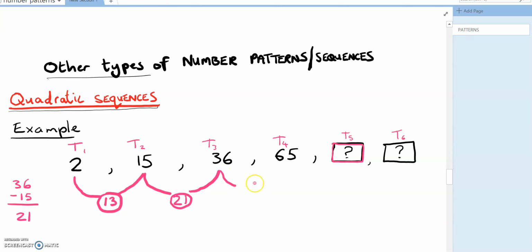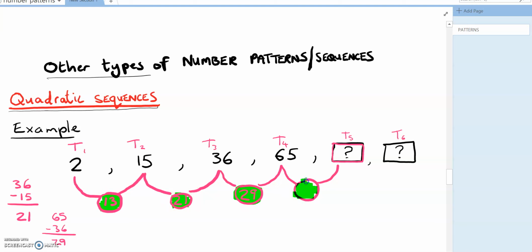The difference between 36 and 65, 65 minus 36, is 29. So I have a problem, because what is this one going to go up by? If you look at the differences that we found, none of them are the same: 13, 21, and 29.